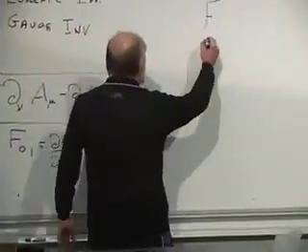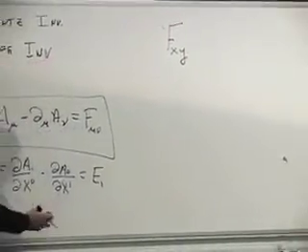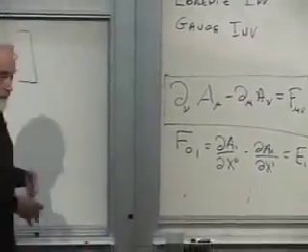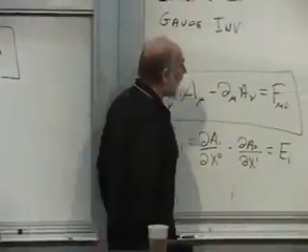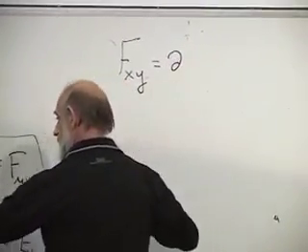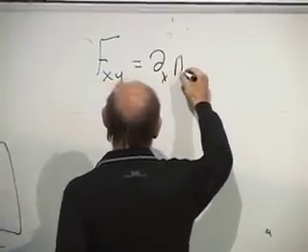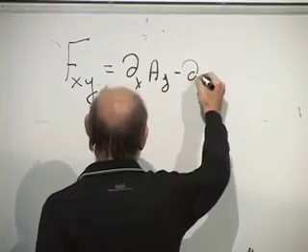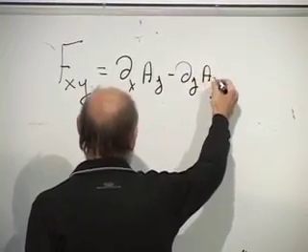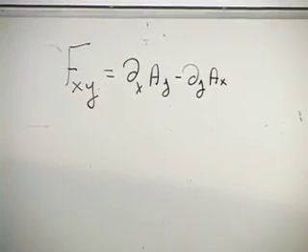For example, Fxy, and I'm now using x for 1 and y for 2, just to be specific. Fxy is equal to the derivative, let's see which way it works, derivative with respect to x of Ay minus the derivative with respect to y of Ax. Now, the only thing that's left is the components of the magnetic field.